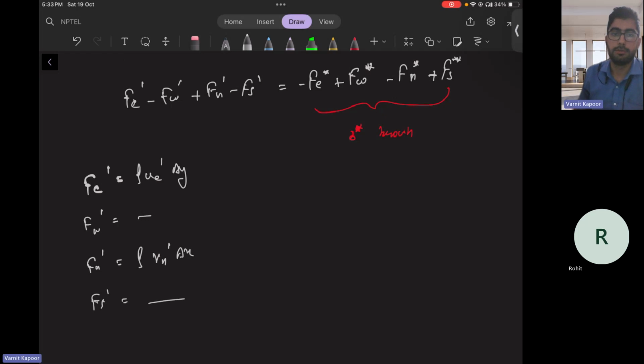Any doubts still here? This is equal to UE hat minus UE star hat, which gives you UE dash hat as well, plus DE times the pressure differences. So let me write here.